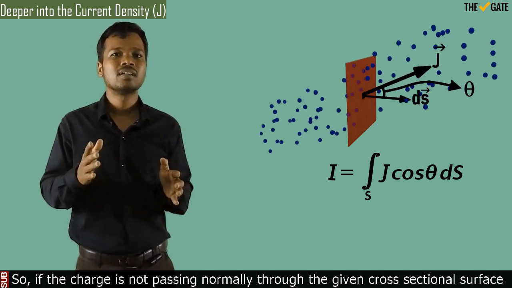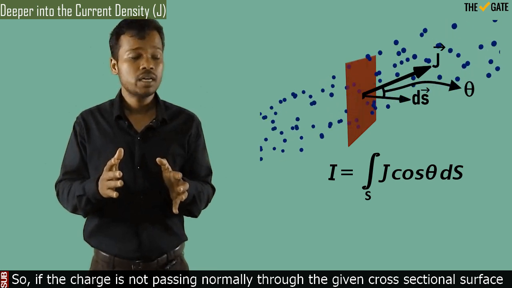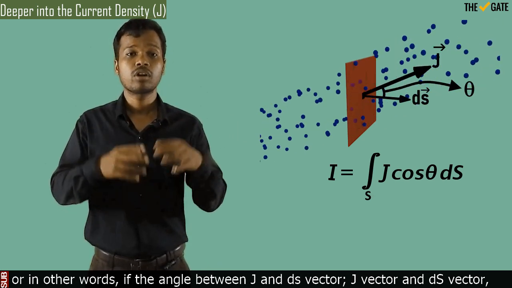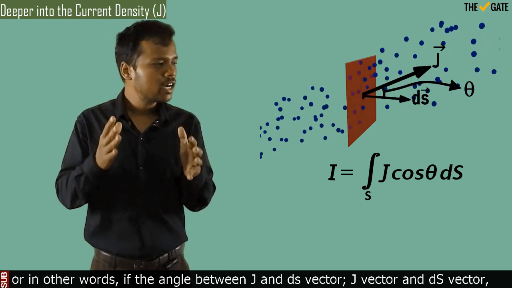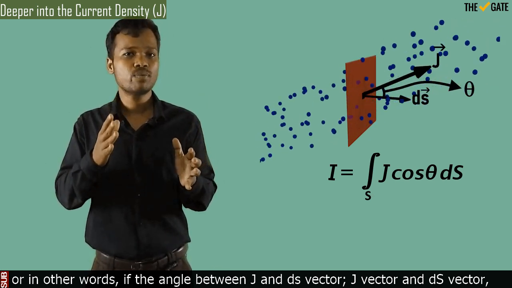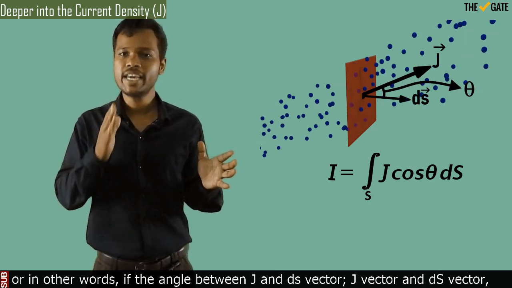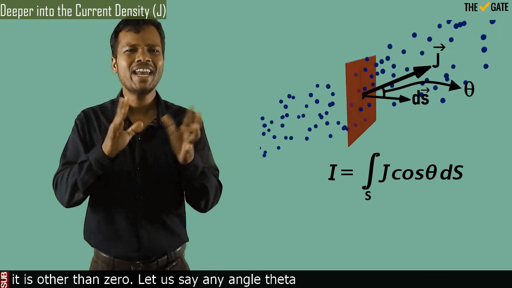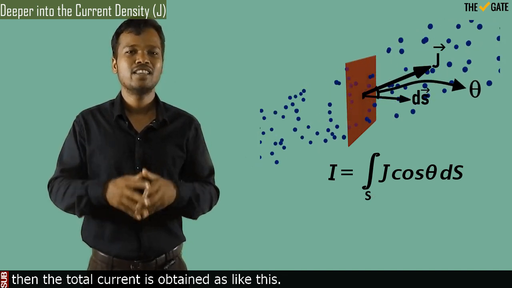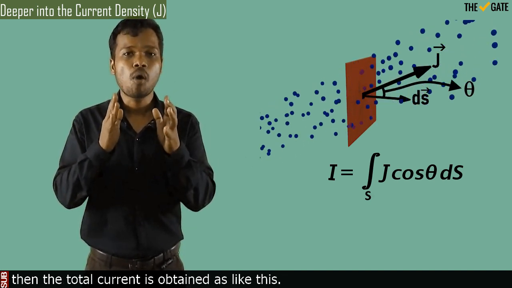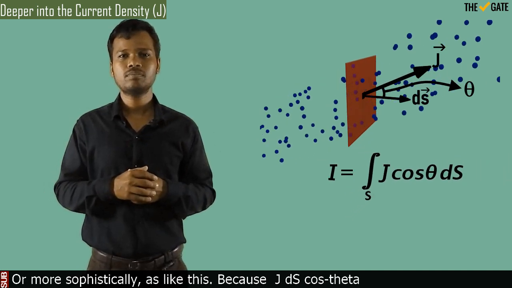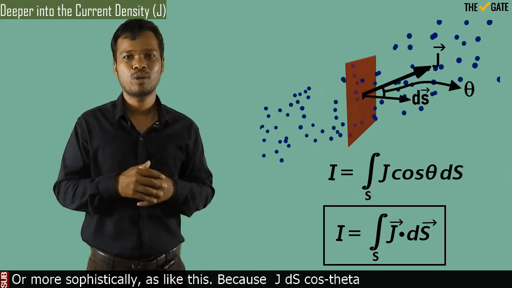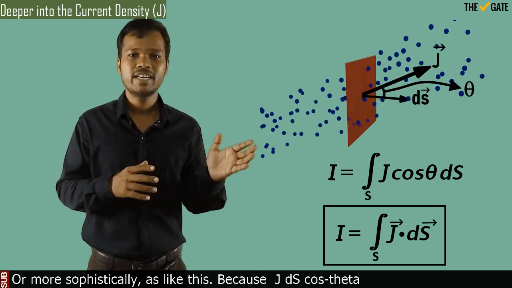So if the charge is not passing normally through the given cross-sectional surface, or in other words, if the angle between J vector and ds vector is other than 0, let us say any angle theta, then the total current is obtained like this, or more sophisticatedly like this, because the integrand is J ds cos theta.